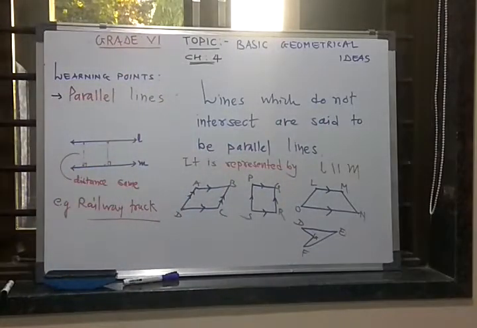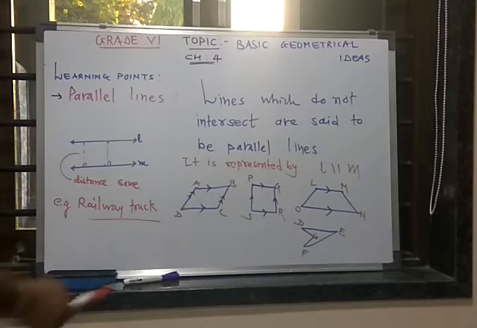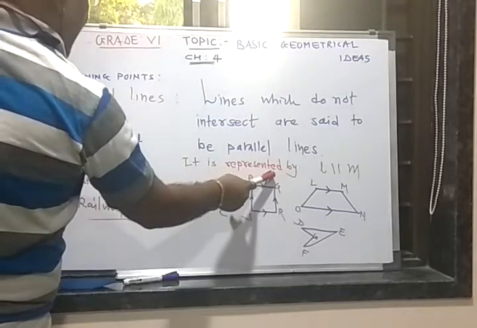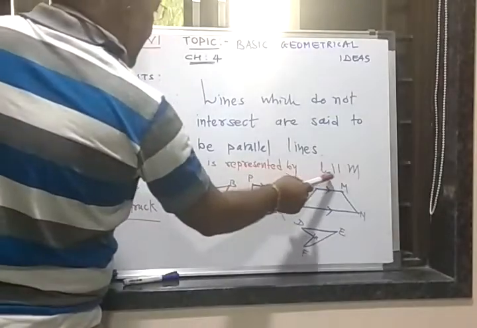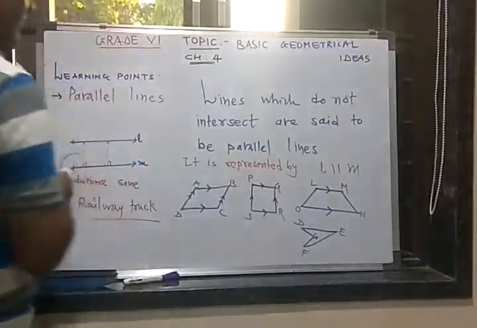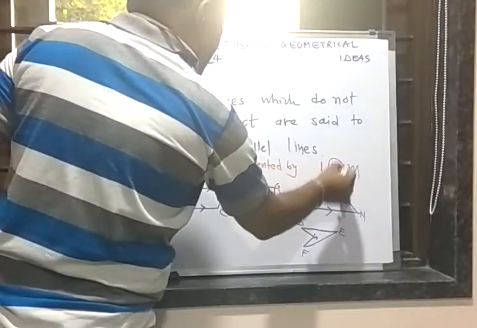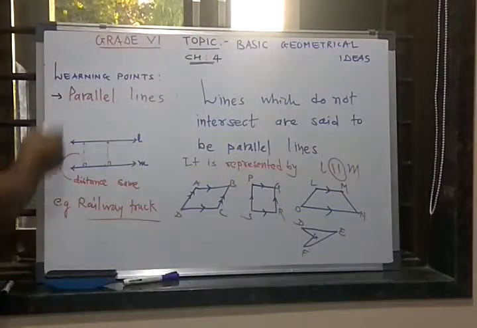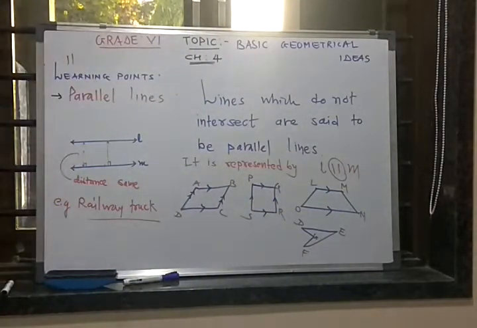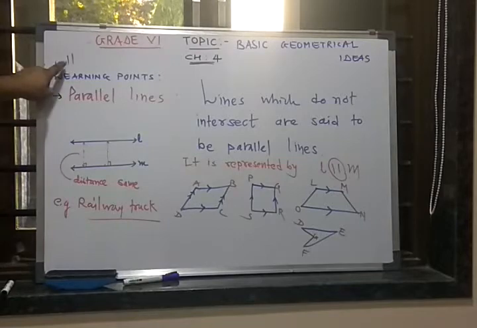So parallel lines never intersect each other. Here it is represented by L parallel M. So this is the symbol of parallel lines.